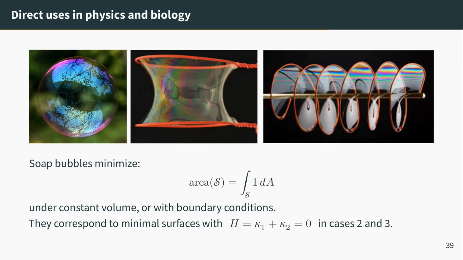And what's interesting, if you do the math, is that for those open surfaces, you can show that the minimal surface, the shape that actually occurs in nature, is such that kappa 1 plus kappa 2 is equal to 0. We say that the mean curvature, the sum of the 2 curvatures, is equal to 0.